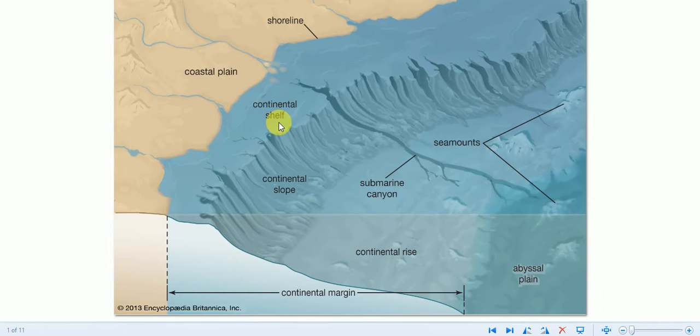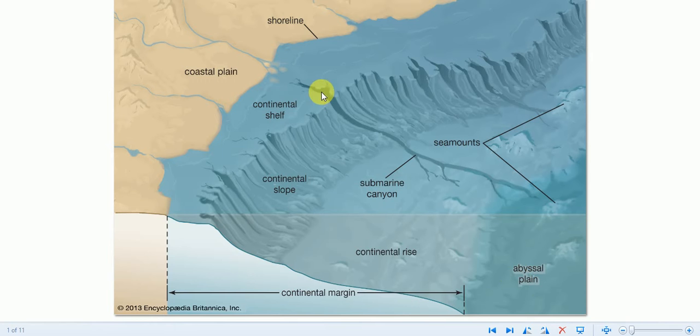After the continental shelf, we have the continental slope, a very steep slope area, and after this you will find the continental rise, which adjoins the abyssal plain, that is, the deep ocean floor.